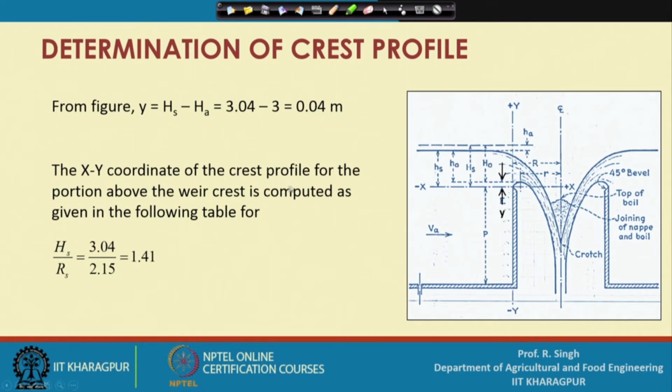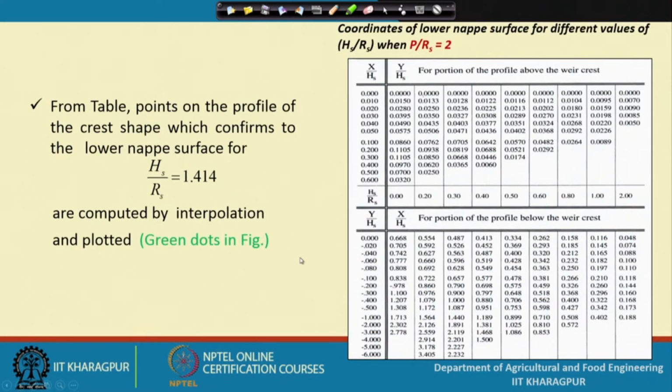Now, the xy coordinates of the crest profile for the portion above the weir crest are given in the following table. The value of Hs by Rs is 1.41 now. For different values of Hs by Rs, this table is given.